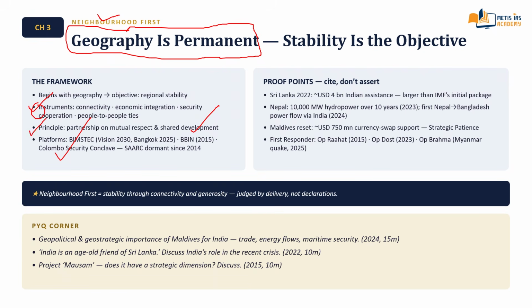If you understand this framework, every bilateral relationship that follows, like Bangladesh, Nepal, Bhutan, Sri Lanka, Myanmar, Maldives, Pakistan, and China, will become much easier to analyze.